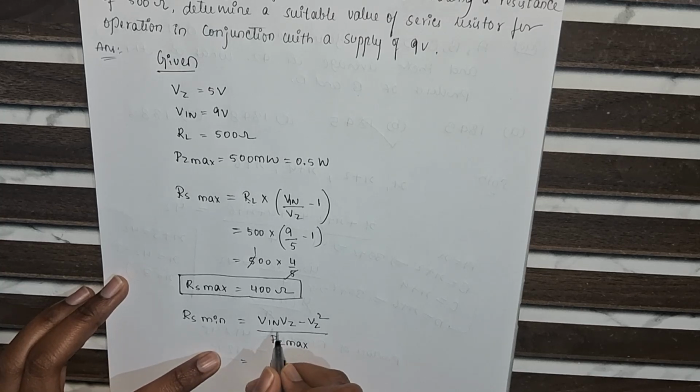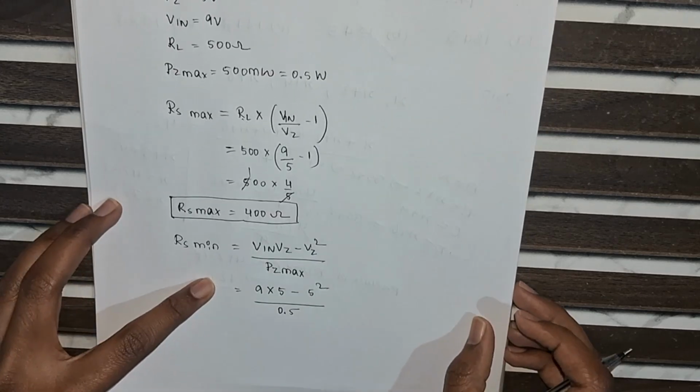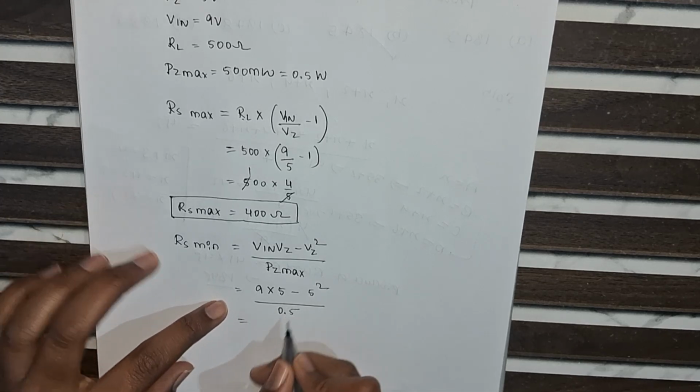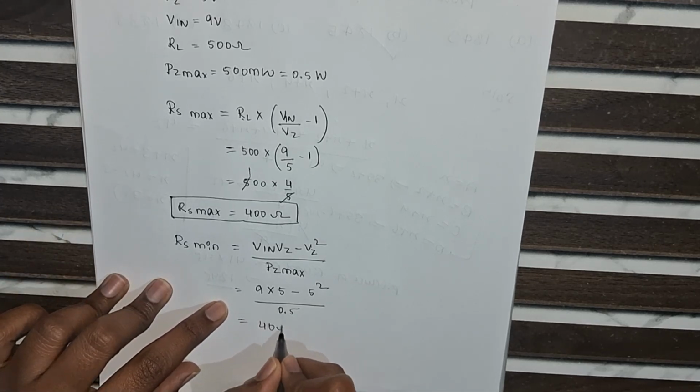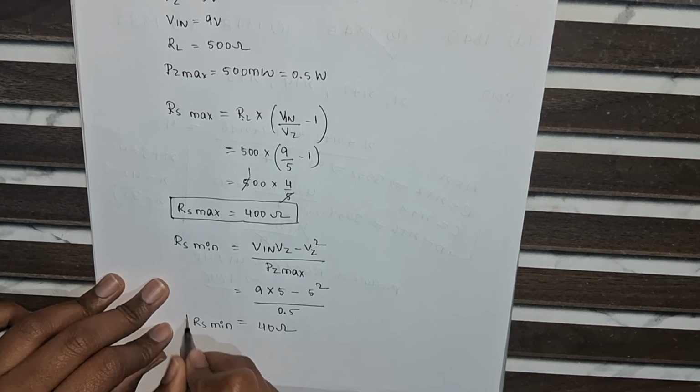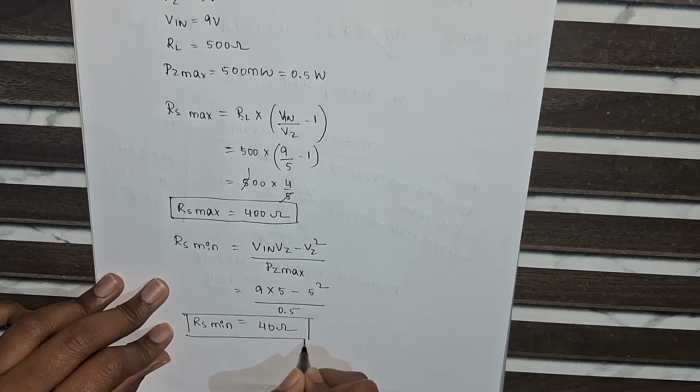You need to put in the values: input voltage is 9, Zener voltage is 5, minus 5, square, divided by 0.5. After solving this we will get the answer as 40 ohm. So the minimum series resistance answer is 40 ohm.